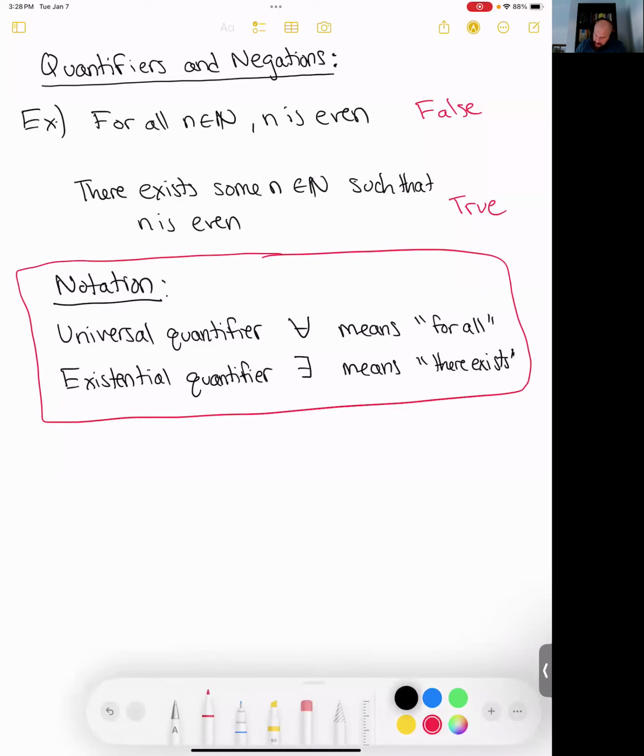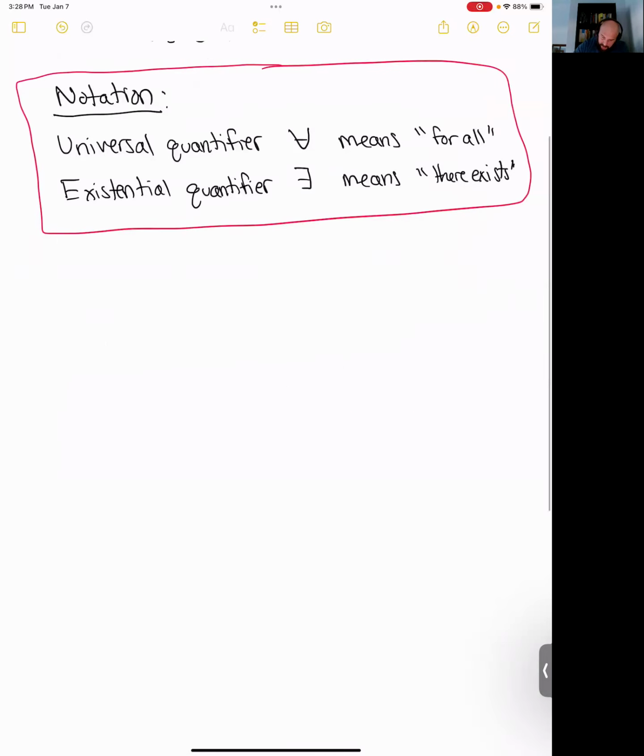Let's just start by looking at some examples of how we can work with these symbols. And this will also be a very helpful shorthand for us. So that will also be a benefit. For instance, we could say there exists an n in the natural numbers such that square root of n is in the natural numbers.